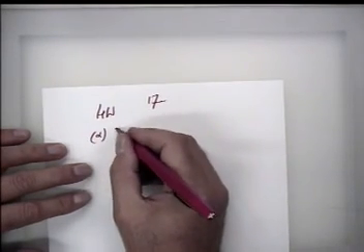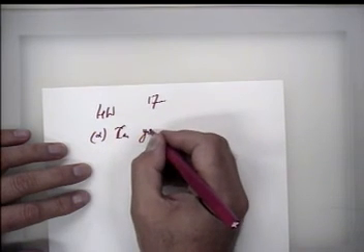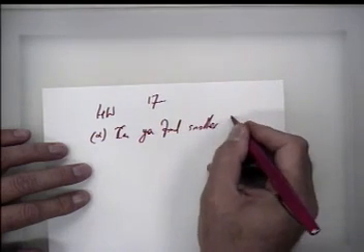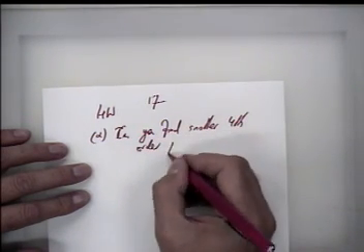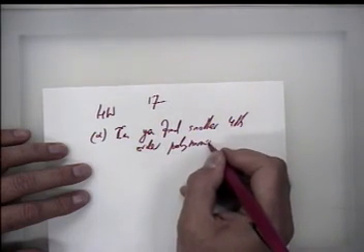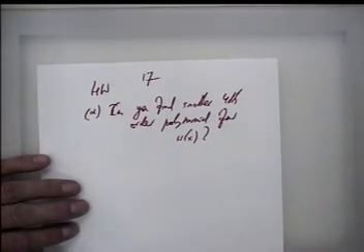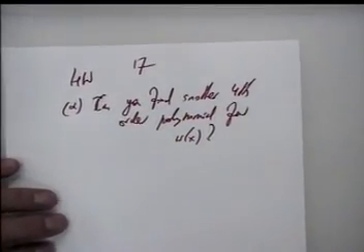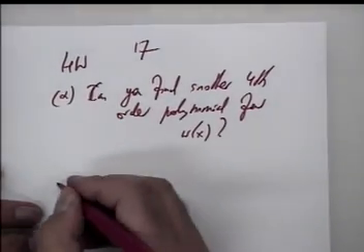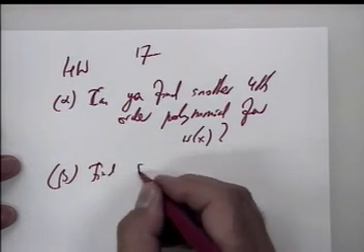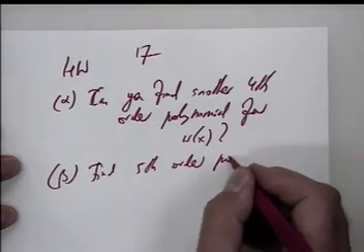Can you find another fourth order polynomial for W of x? I don't know what the answer is, whether one can find it or not. I'm just asking you. Then find a fifth order polynomial.